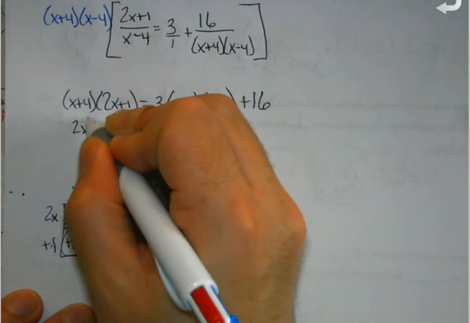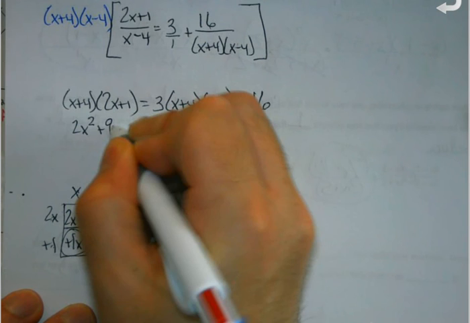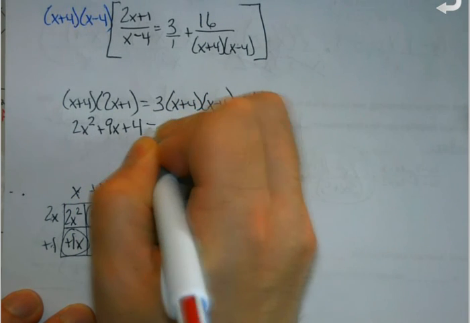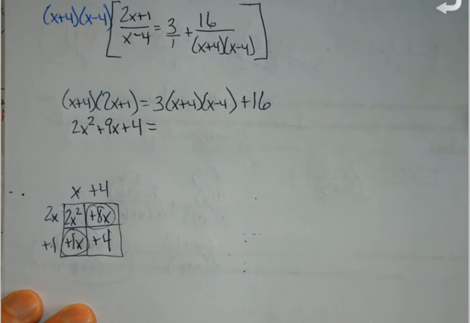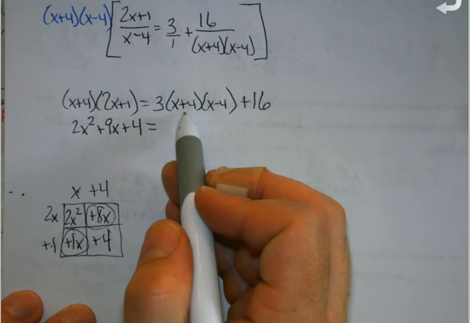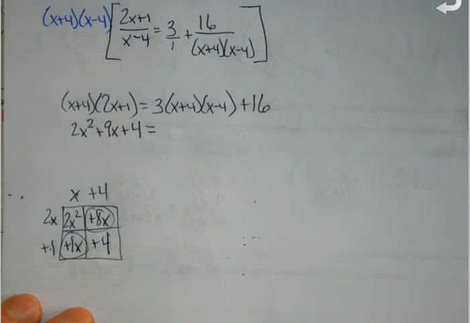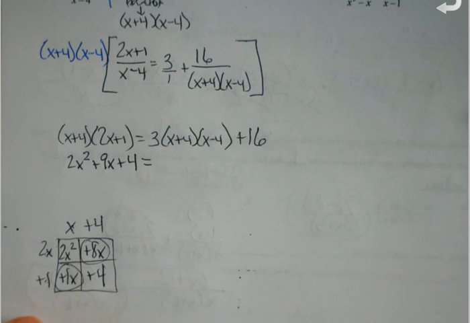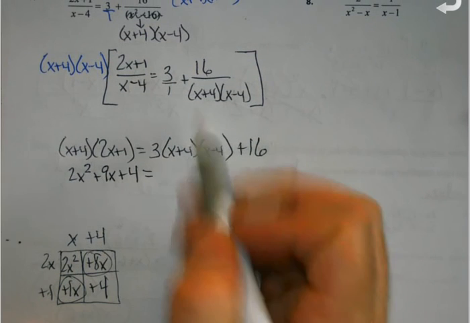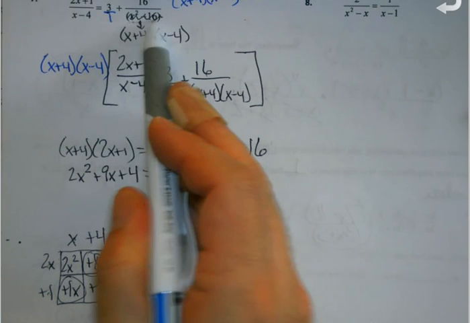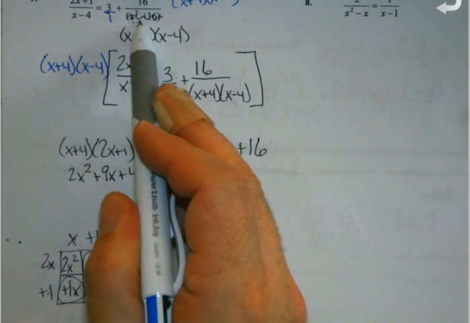So I end up with 2x squared plus 9x plus 4. When I get here, if I think about this for a minute, I might be able to save myself a little bit of time, and here's what I mean. If I look at the x plus 4, x minus 4, remember where that came from. It came from this difference of squares.